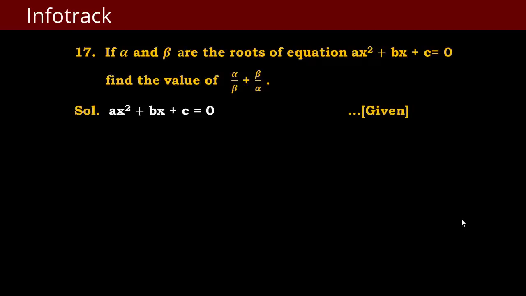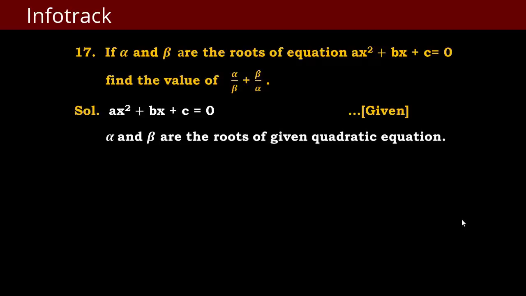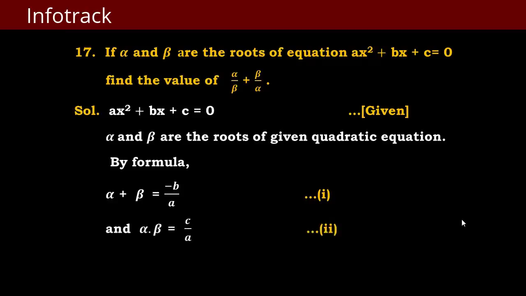Now see, this is the standard form only, so you can directly write alpha and beta are the roots of the given quadratic equation. By formula, alpha plus beta is minus b upon a, that is equation number 1, and alpha into beta will become c upon a.